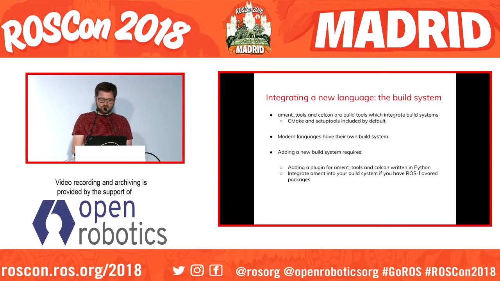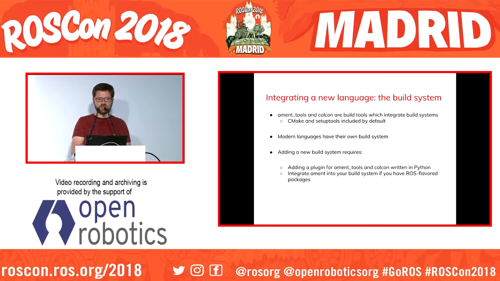So, the build system. Catkin and Ament tools are build tools that integrate build systems. They both come with support for CMake and setuptools for Python, but they can be extended to include more build systems. That's yet another advantage of ROS2.